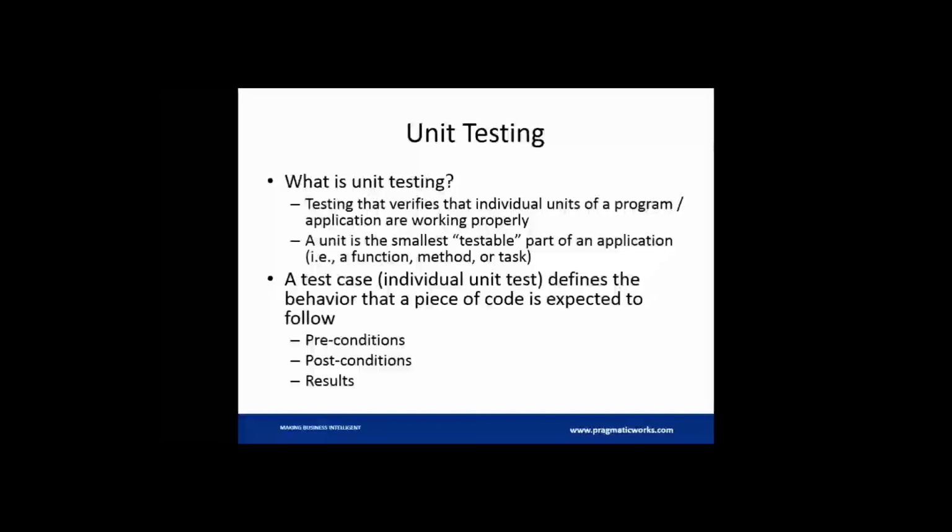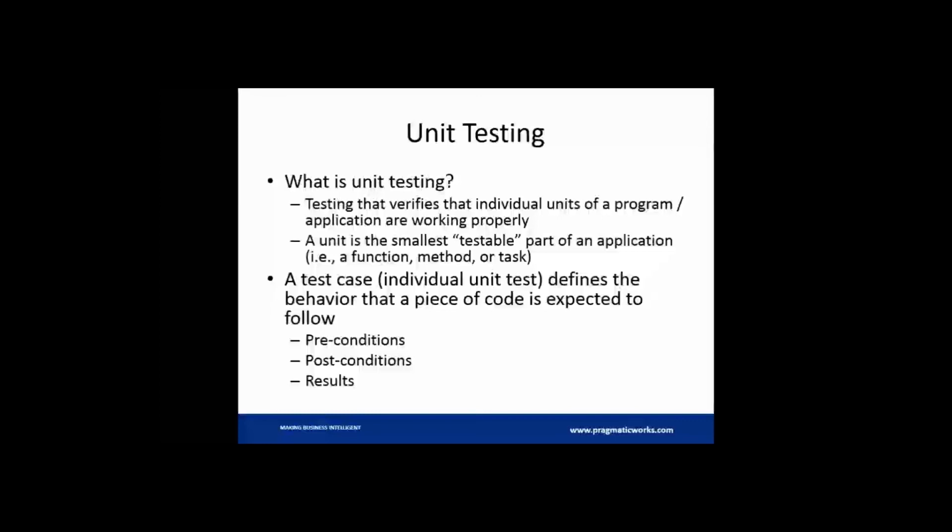Looking at it from an SSIS standpoint, we really want to test the smallest executable part of a program, which in SSIS's case is really a task. So that's the level that we want to get to, to be able to check to make sure this particular task is successfully executing what we expect the task to accomplish.